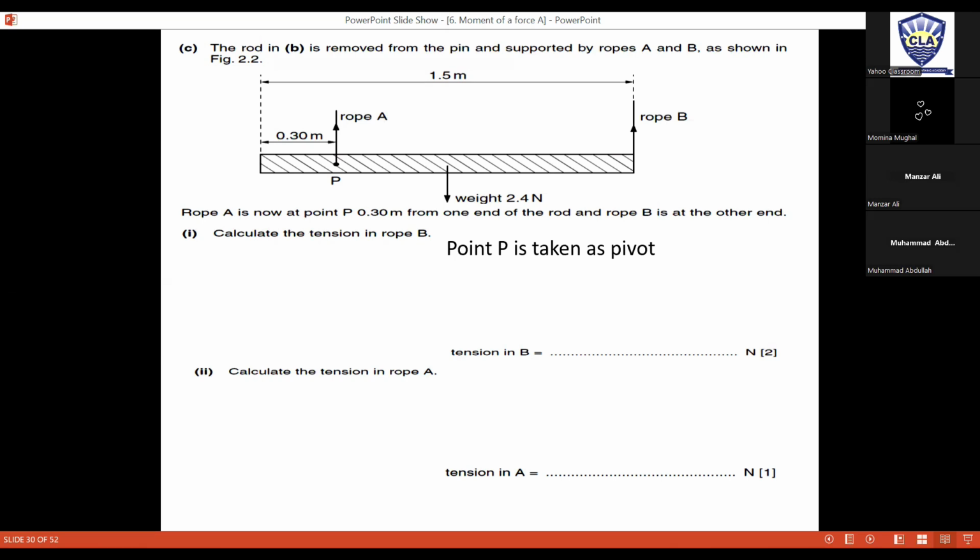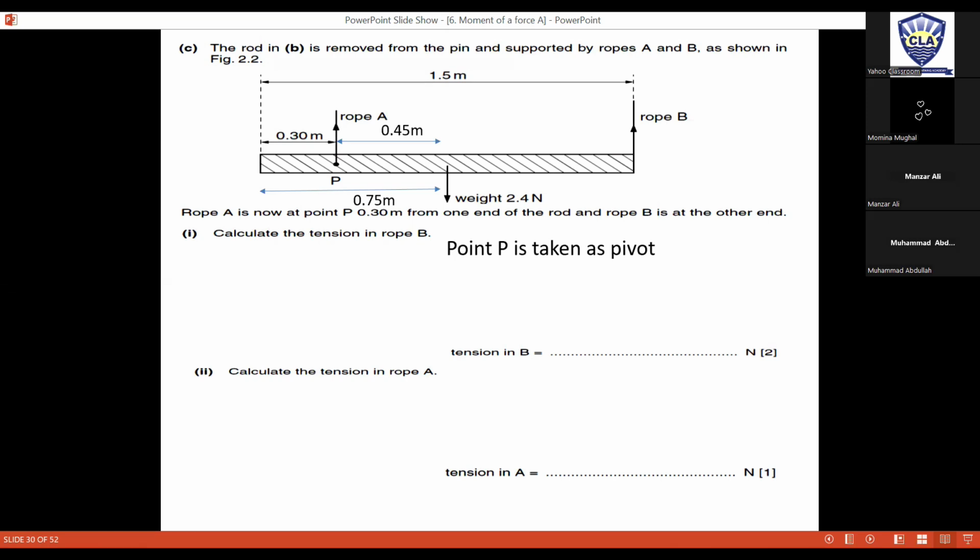Weight will create clockwise moment. Rope B will create anti-clockwise moment. So total length is 1.5, and from the left end, the weight will be at 0.75 meters minus 0.3, and we get the distance from the pivot as 0.45.